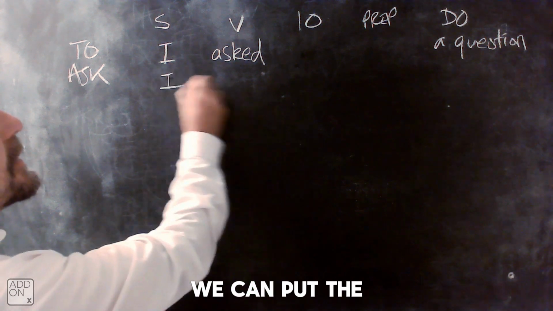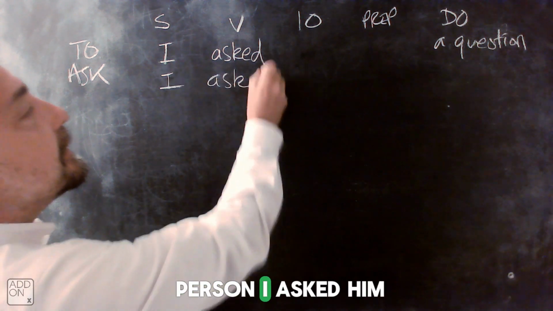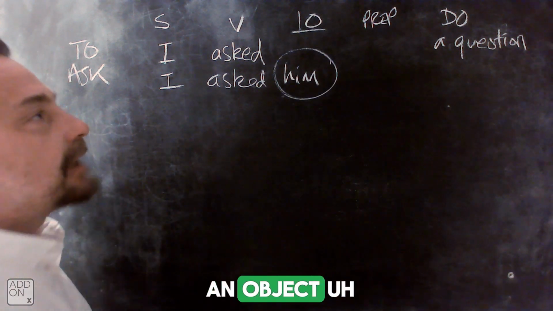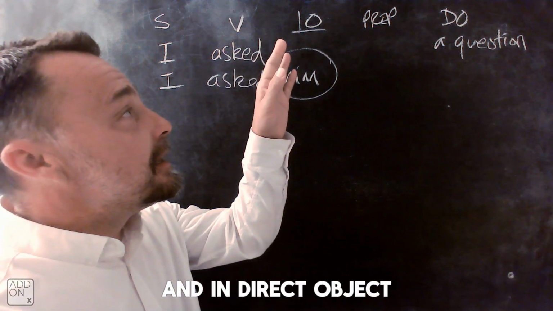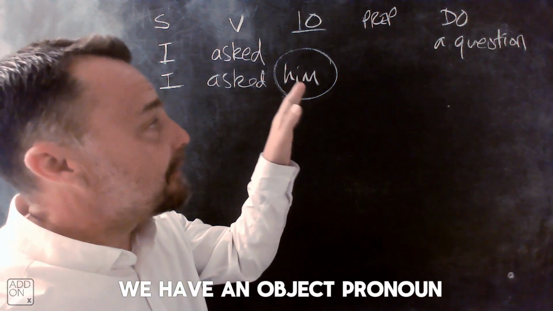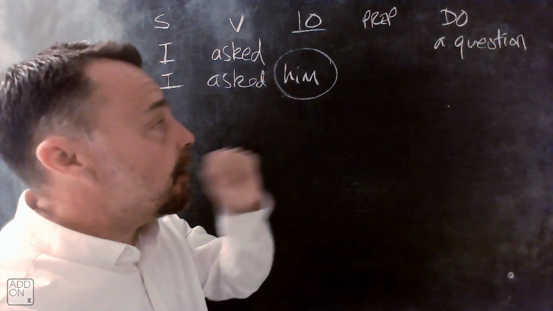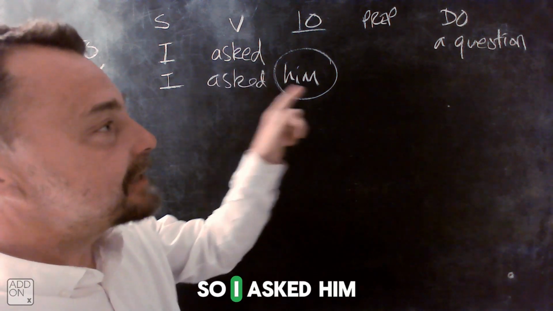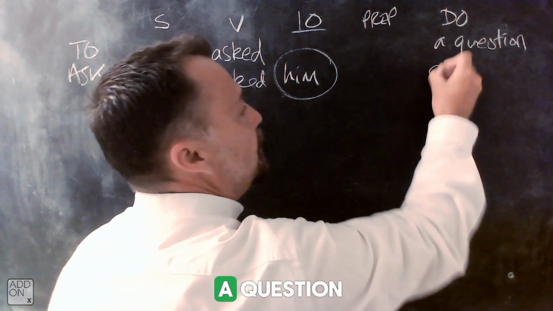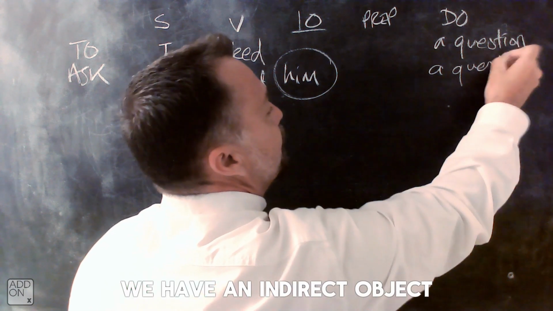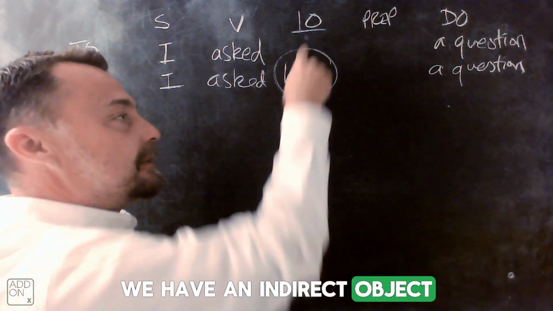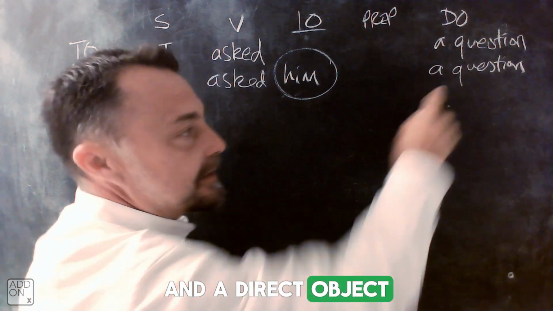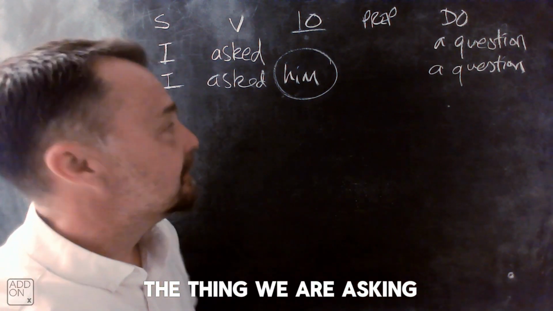In the next example, we can put the direction of our question. We can put the person. I asked him. Now we have an indirect object. We have an object pronoun. And this is the person we are asking. So I asked him a question. We have an indirect object, the object pronoun, and a direct object, the thing we are asking.